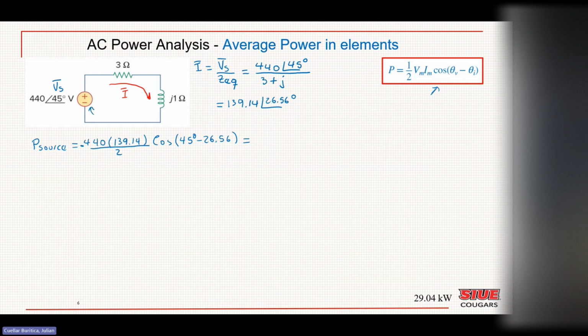That's going to be equal to negative 29.04 kilowatts.